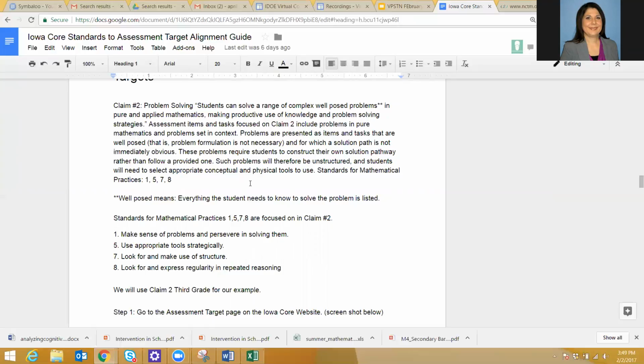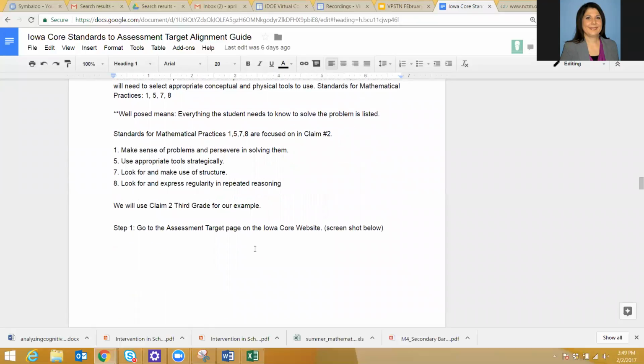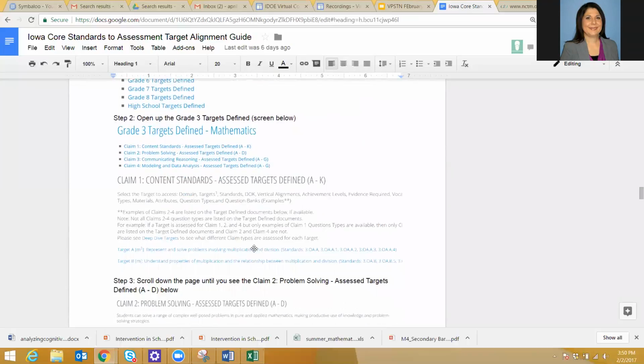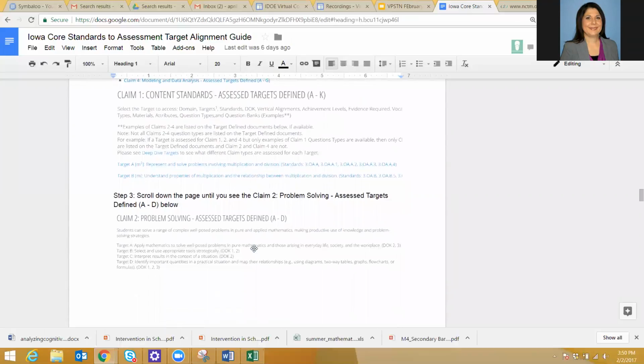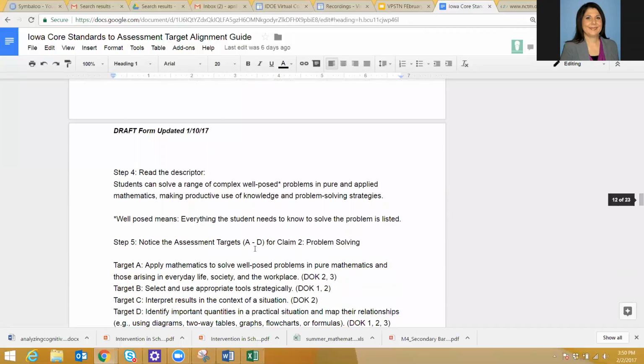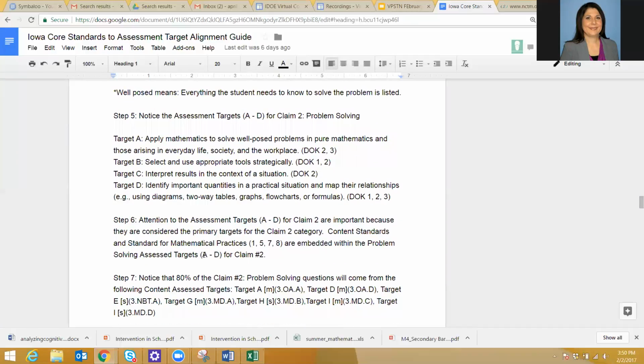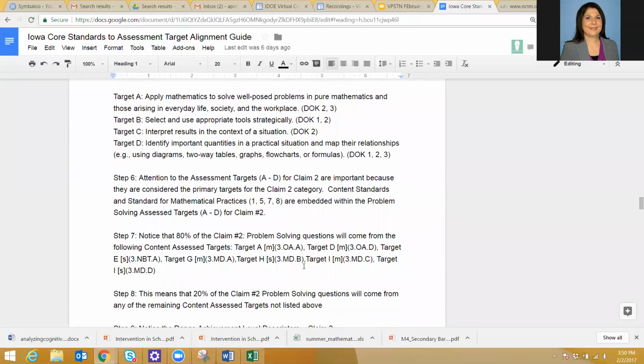Now, we're going to look at this information on the Iowa Core site. What this document does is give you a walkthrough of screenshots and information to help you understand what I'm going to be sharing with you tonight. We're going to talk about assessment targets for problem solving and which content standards or content clusters lend themselves to problem solving more readily.